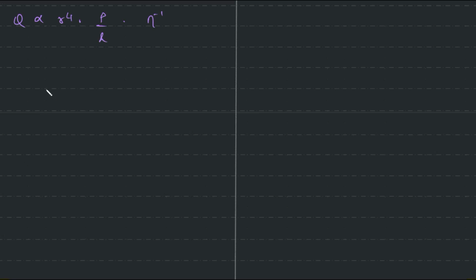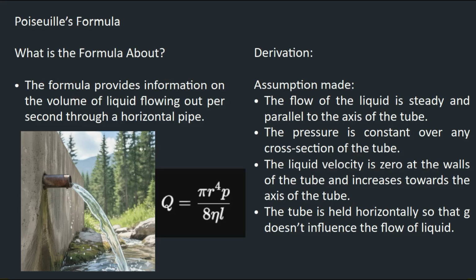Makes sense. So when we remove the proportionality, the constant is equal to pi by 8 times of all of this set of expressions. And that's your formula. Yeah, it reflects right. Okay, guys.